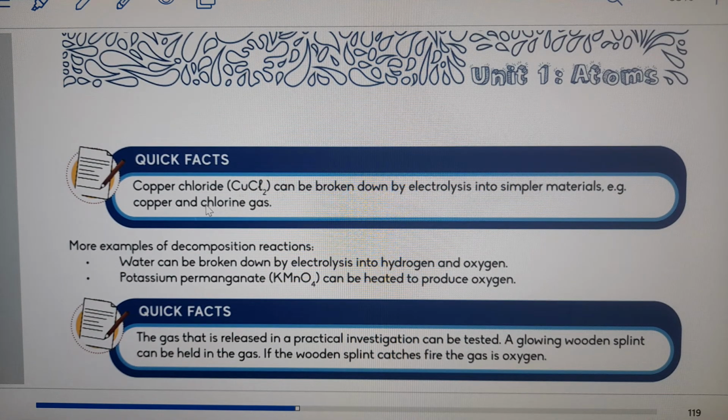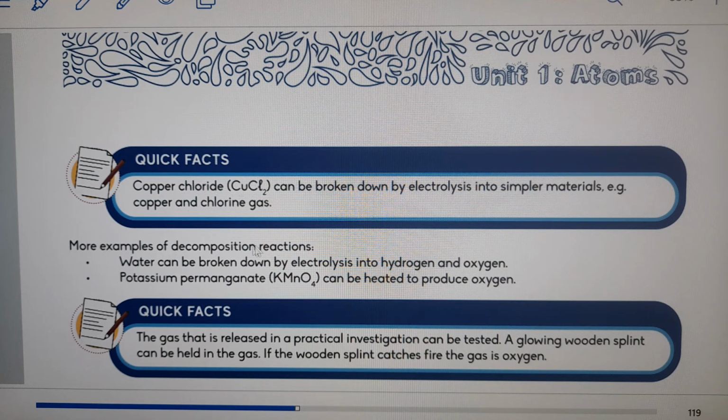They say copper chloride, which is a compound, is made out of 1 atom of copper and 2 atoms of chlorine. It can be broken down by electrolysis, we know now what electrolysis is, into simpler materials, for example, copper and chlorine gas.